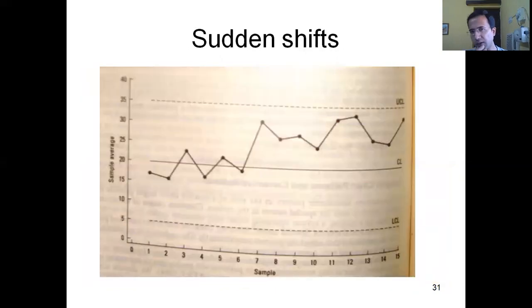While here you can see there are sudden shifts, like there are levels: you've got 1, 2, 3, 4, 5, 6 points over here, then suddenly another set of points are shifted towards the upper control limit, which might indicate that an underlying deterioration in the process or a certain change in the setting has happened, and it might again go one step ahead and move to the upper control limit.